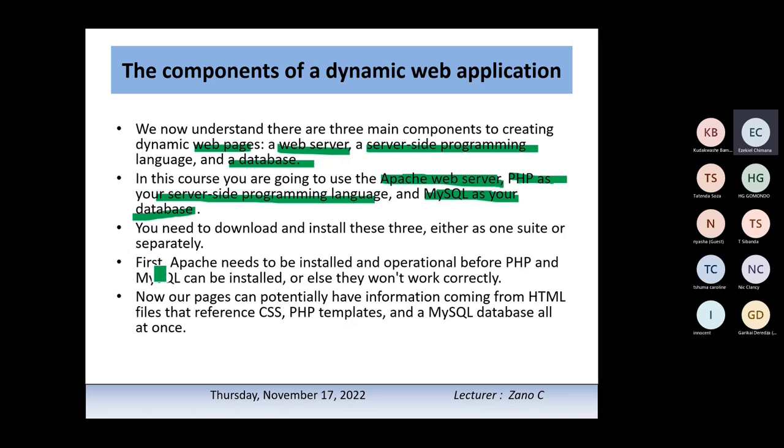So what you need first is the Apache server, and then you install PHP and MySQL. By just installing WAMP or XAMPP, you'll have everything. After that, you can create PHP templates that we can link with CSS, JavaScript, HTML, as well as the MySQL database.